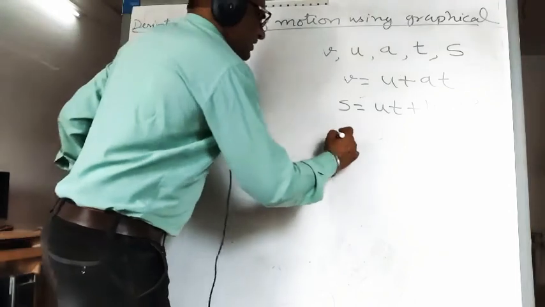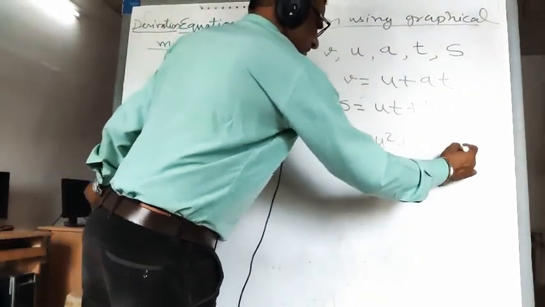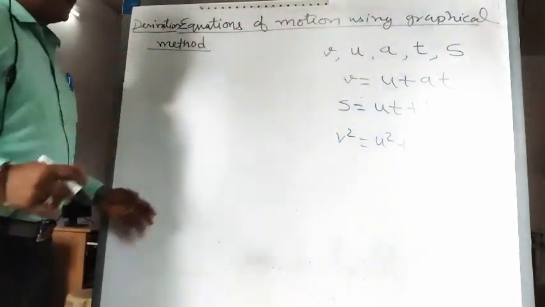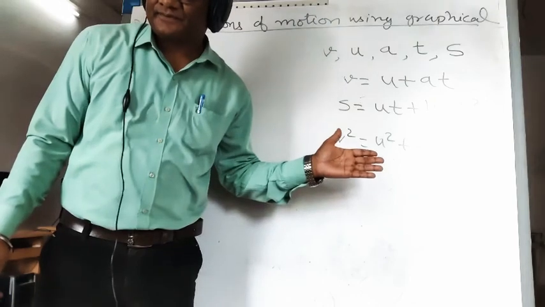Similarly, the third equation is v square = u square + 2as. All these three equations are known as equations of motion.